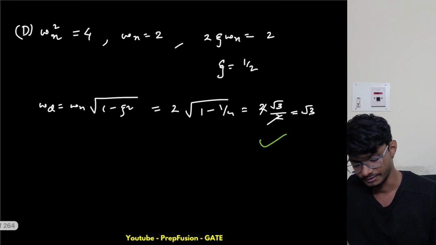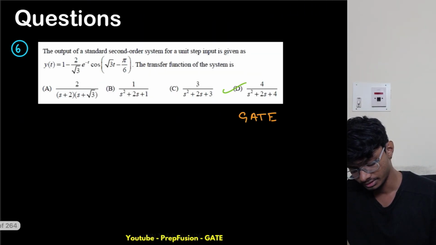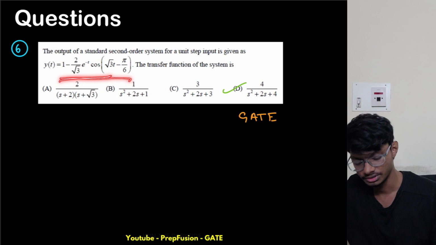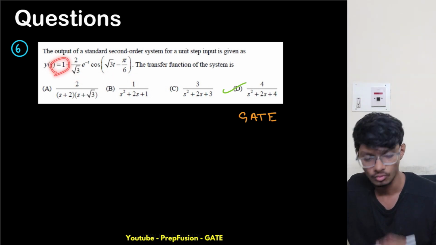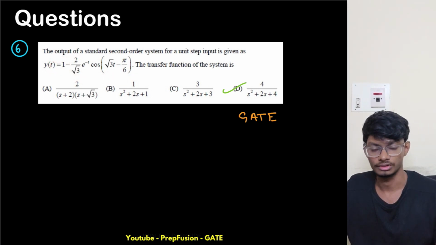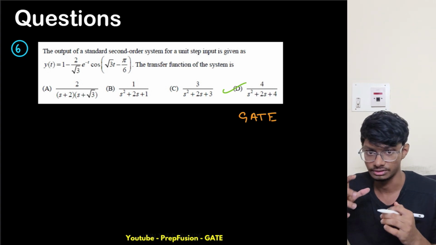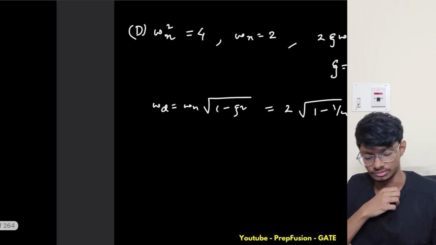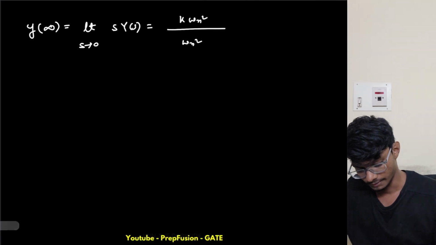Now what is my y of infinity? Here I can see my y of infinity is 1, so my k will be 1 only. That may cause a bit of confusion, that's why we can solve it like this. So my y of infinity will be 1.